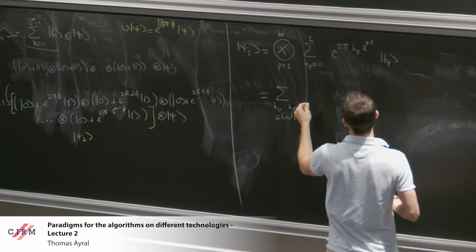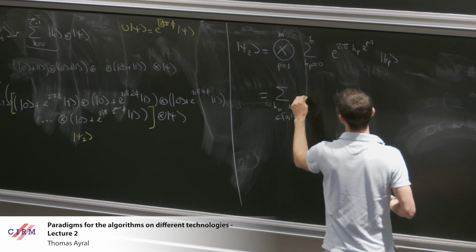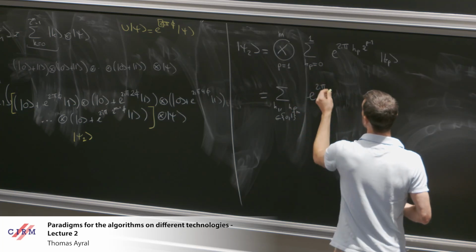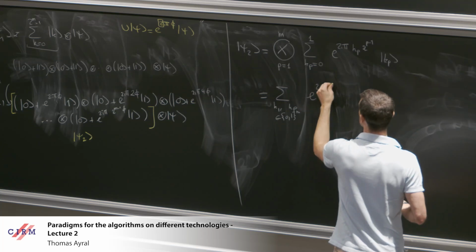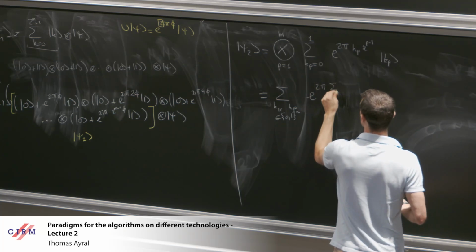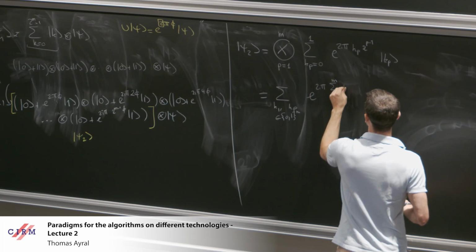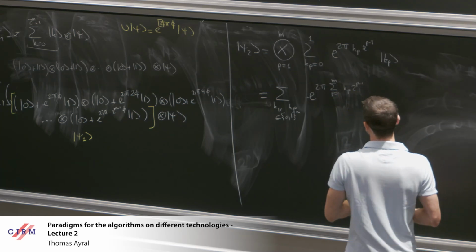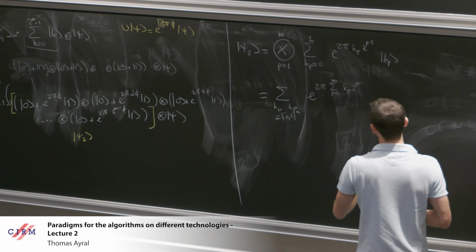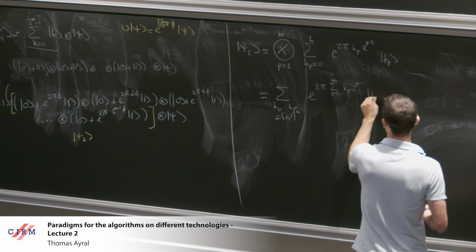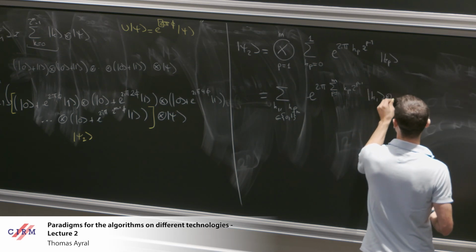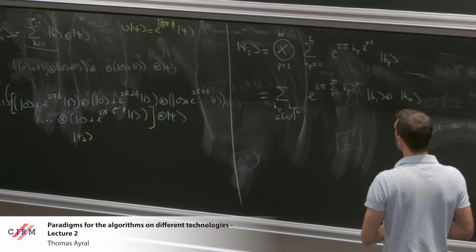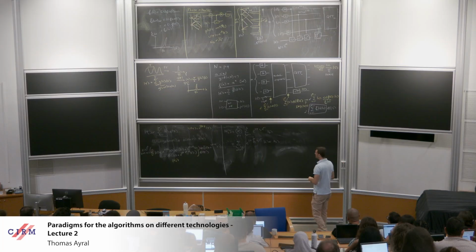The product of exponentials is going to be an exponential of a sum over p from 1 to m of kp 2^(p-1) times phi, times |k1...km>.